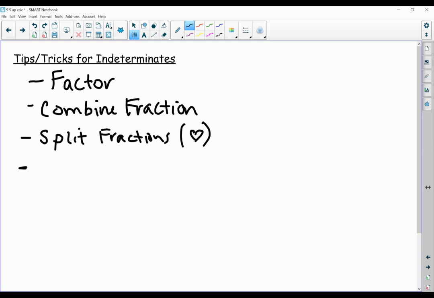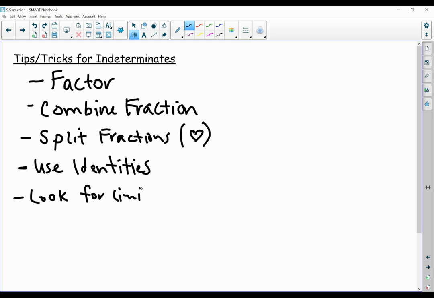We can use identities. We can look for limits we know, like that sine of x over x.